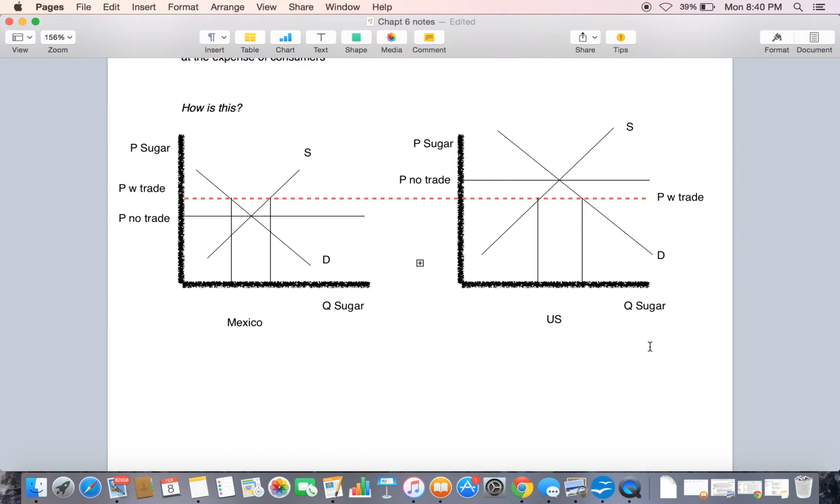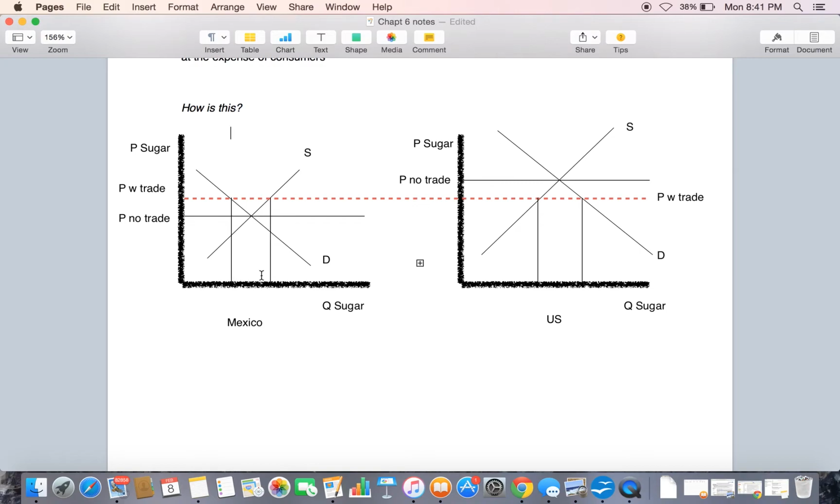The price in Mexico is going to remain the same for domestic consumers of sugar in Mexico, but consumers of sugar in the United States are now going to be able to purchase sugar at a lower cost. And why is this? If you take a look at the intersection of this price line with our supply and demand, you see here that the quantity supplied of sugar is going to be greater than the quantity demanded for sugar in Mexico.